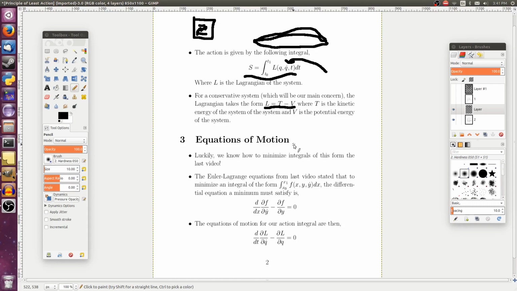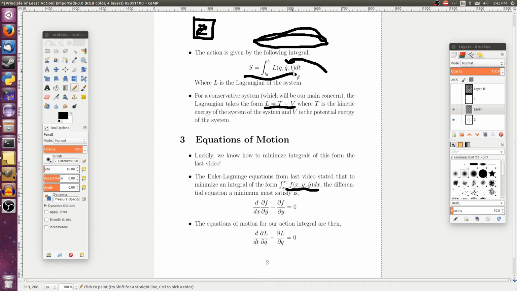From the last video, we derived what's called the Euler-Lagrange equation for a functional of the form f of x, y, and y dot, which is what we have right here, just with different letters. Our Lagrangian is a function of q, so any of those position coordinates in our set of generalized coordinates, its time derivative, and possibly time.